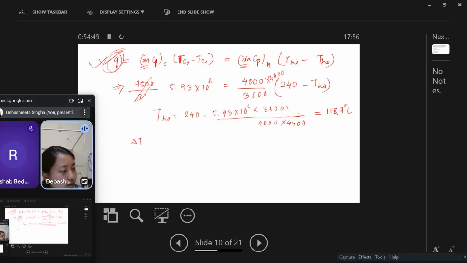Then delta T LMTD for shell and tube is F into delta T LMTD for counter flow. And in counter flow, what was the condition, that all the temperatures have to be the same? Now you got all the temperatures.